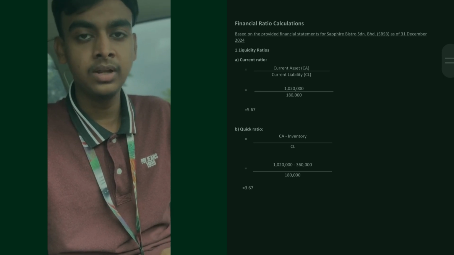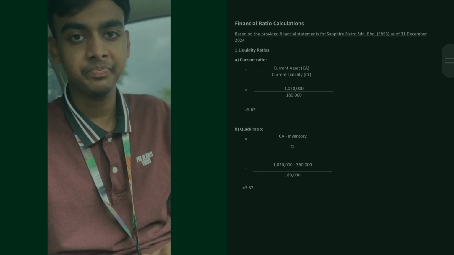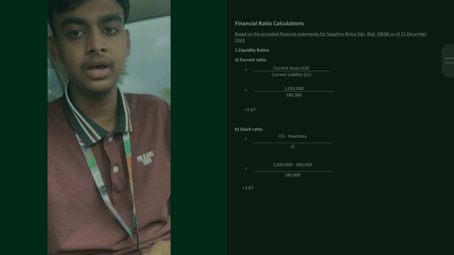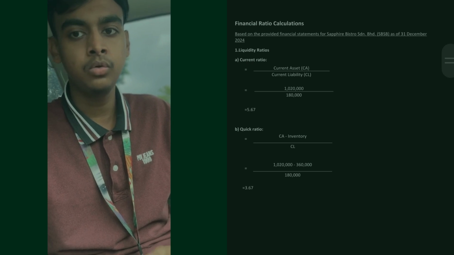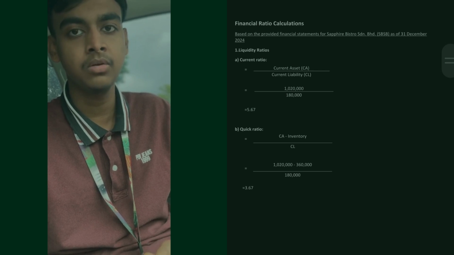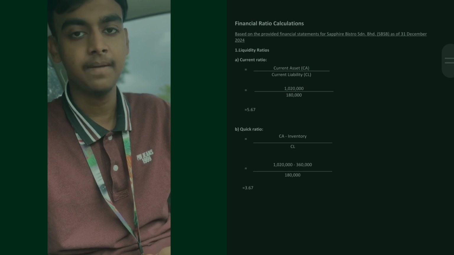The total is 5.67. Next, B is quick ratio, current assets minus inventory over current liabilities equals 1,020,000 minus 360,000 over 180,000 equals 3.67.